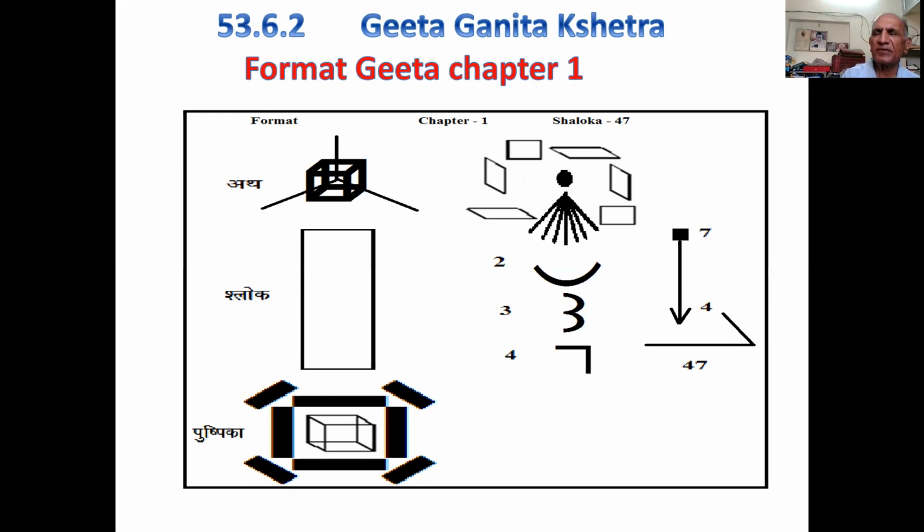Format of Gita chapter 1 is depicted on the computer screen. There are 7 streams flowing from the Bindu Sarovar.